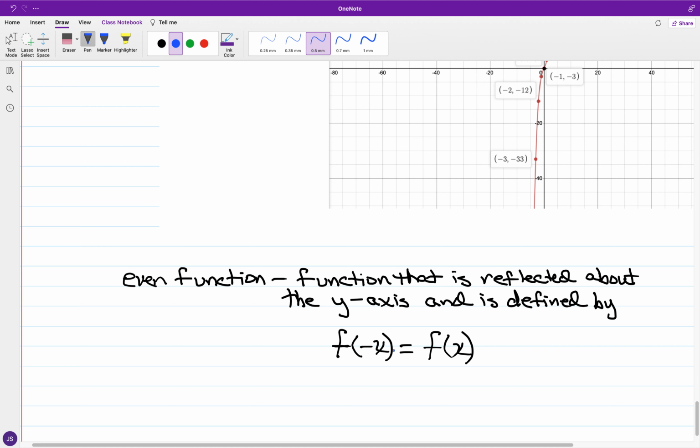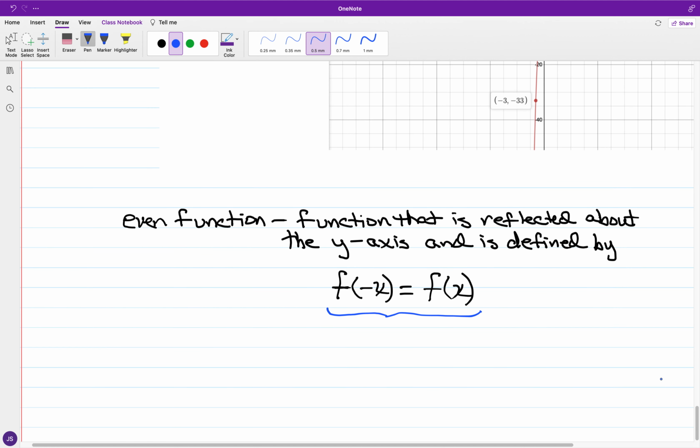So instead of a negative on the right, we have a positive f of x. What an even function signifies is that opposite sign inputs will lead to the same outputs.